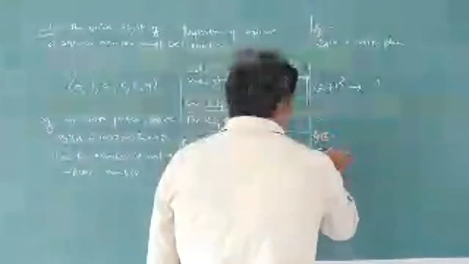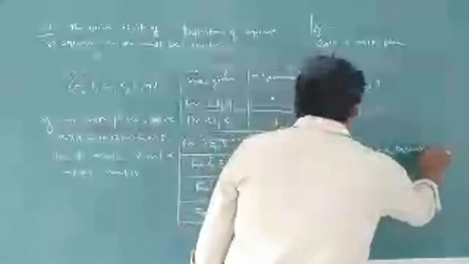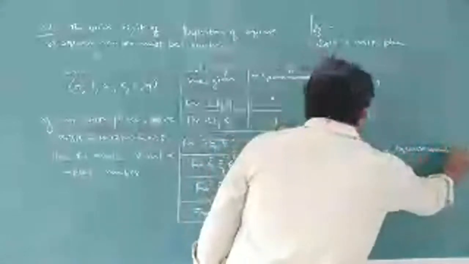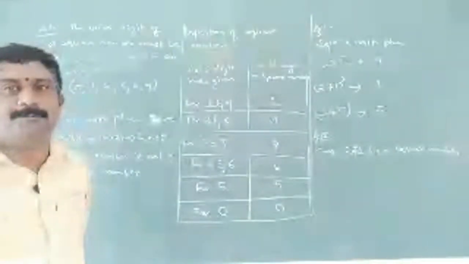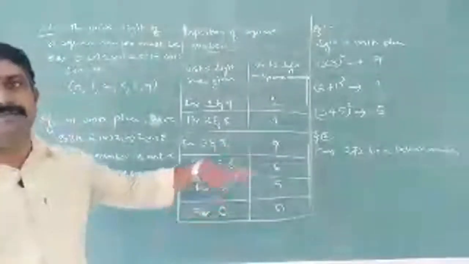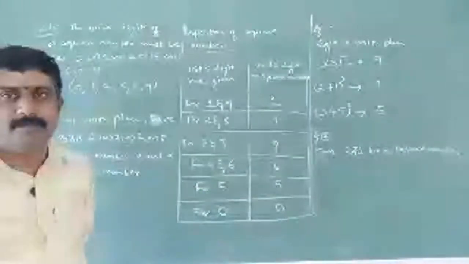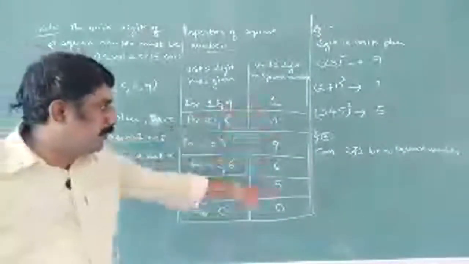Okay. Suppose a question comes here. Can 272 be a square number? By observing this table, you can say very easily. Are you finding 2 among all these?